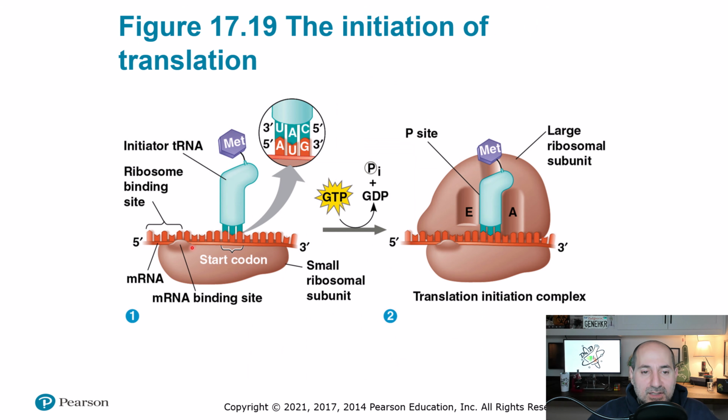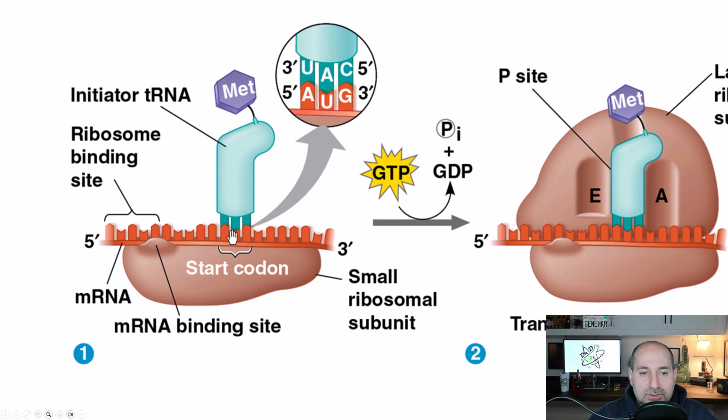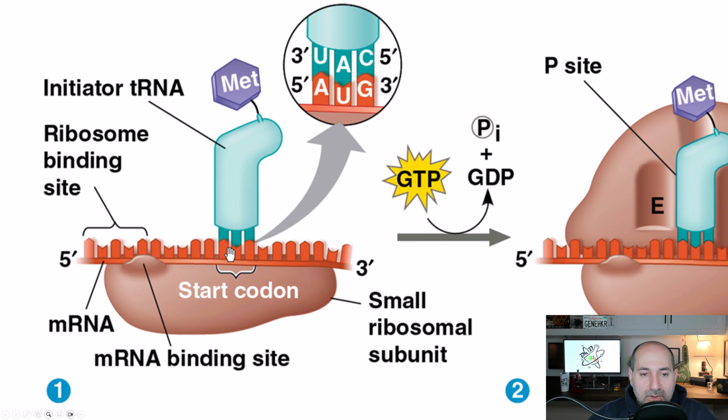Here you go. At this point, the small subunit of the ribosome has found the start codon on the mRNA. How do I know this is the start codon? Well, on the mRNA, it should say what? It should say AUG. Does it say AUG? Let's zoom in and take a look.